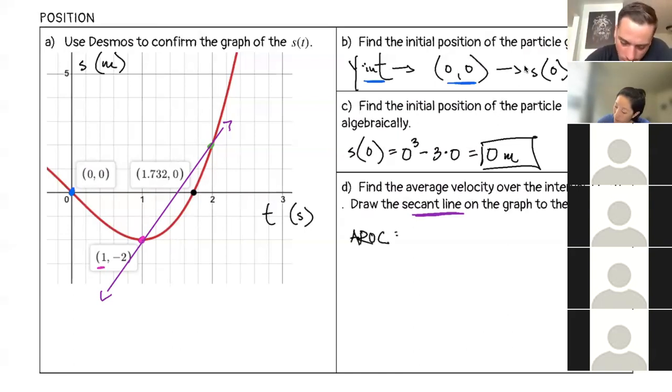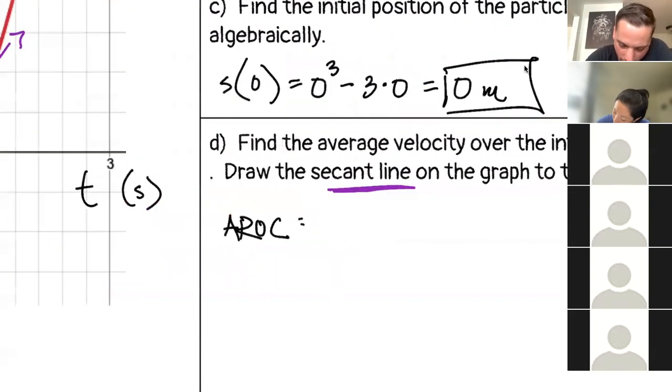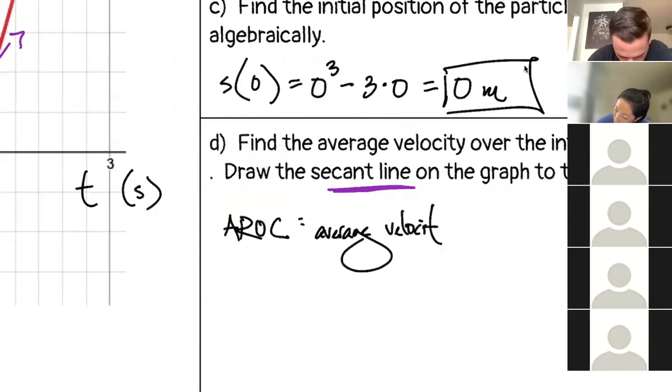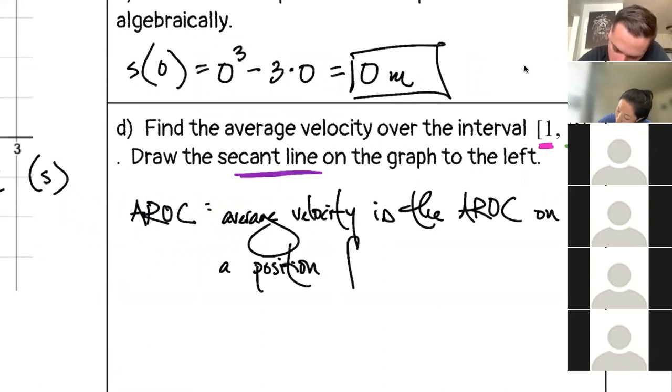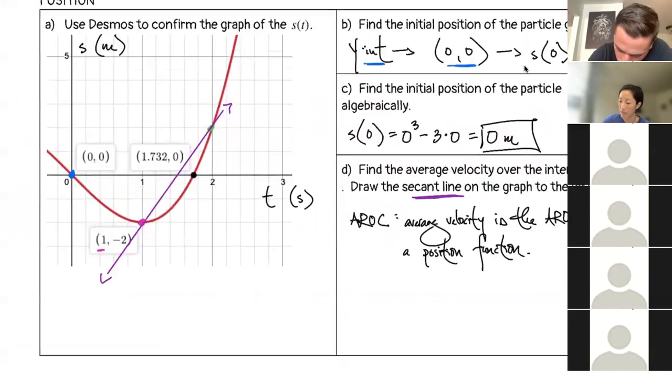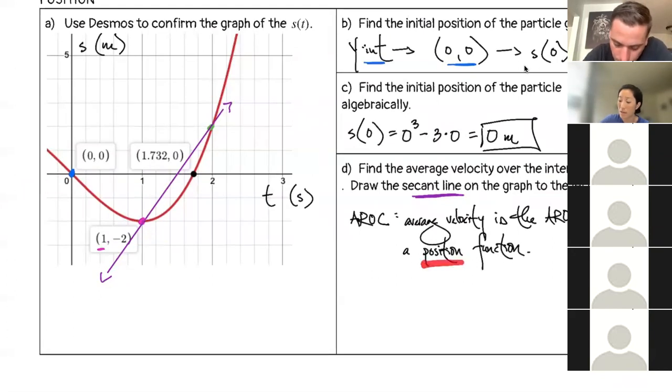So one thing that we might want to take away from this is the average velocity is the average rate of change on a position function. When someone says average velocity, you want to look at the position function, and you're going to find the slope of that line.